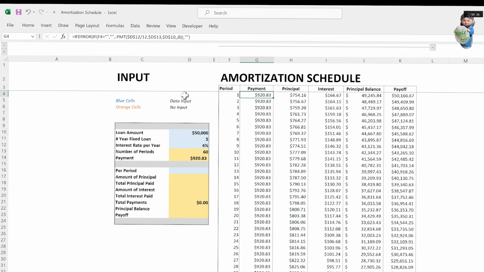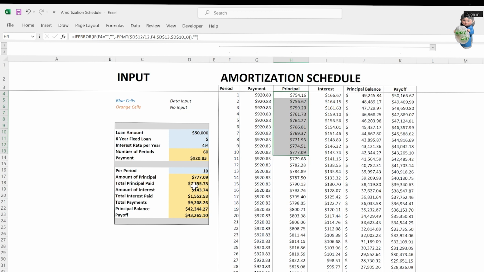Now let's see. I want to know after, for example, 10 payments, the amount of principal is 77.7. Right here, this is payment number 10, and then the total principal paid is actually the sum of this, which is 7,655.